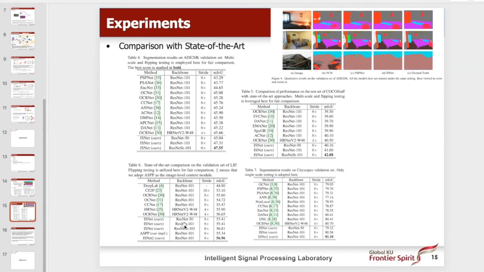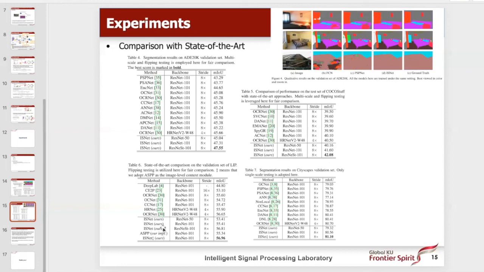Because this dataset is very complex, the image level context module may not be very suitable for this tough dataset.